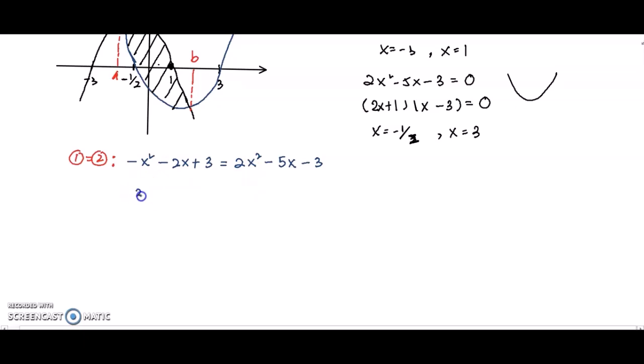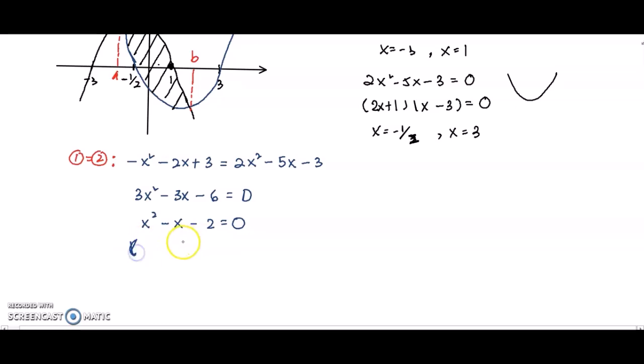We have 3x squared, and after that, negative 5x plus 2x, I have negative 3x. Negative 3 minus 3, you have negative 6. This will be equal to 0. And you can see that all the terms can be divided by 3, so why don't we divide it by 3, to make it simple to factorize.